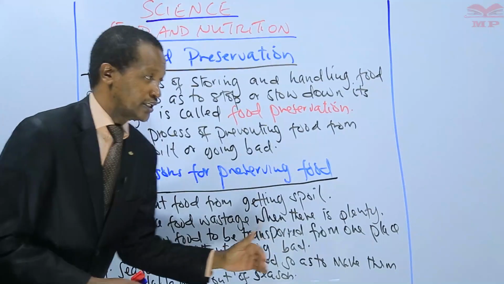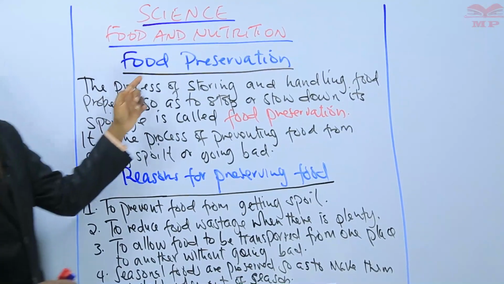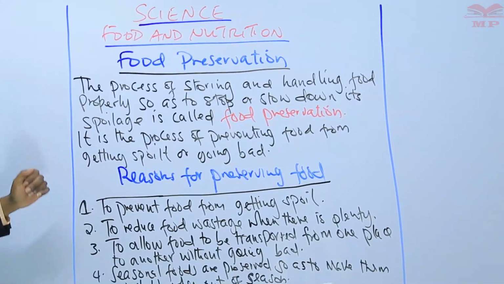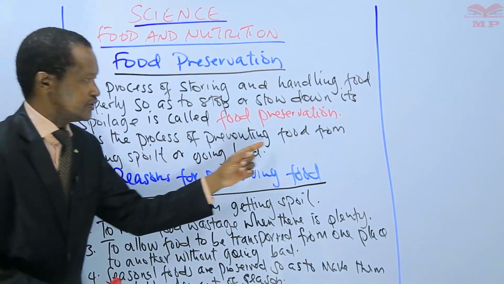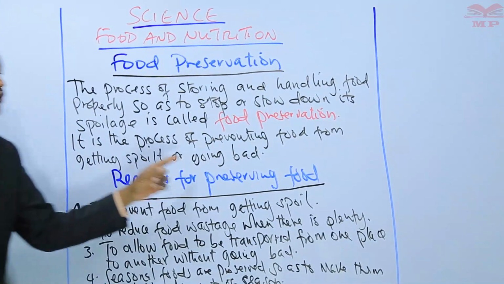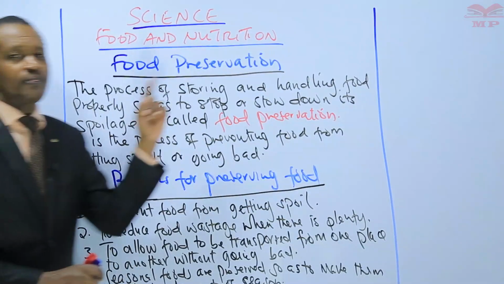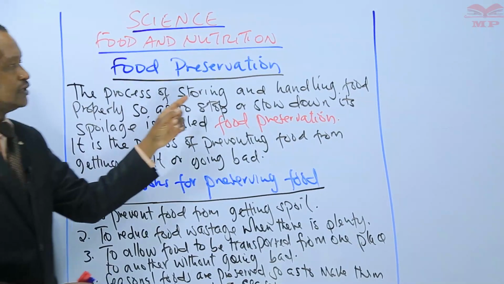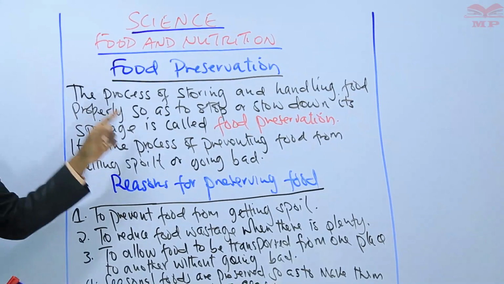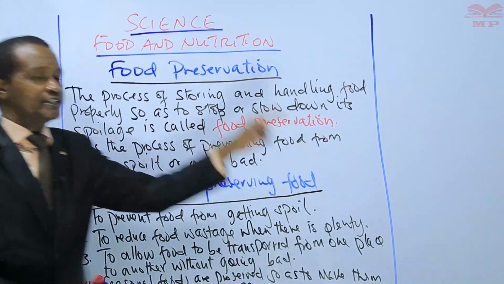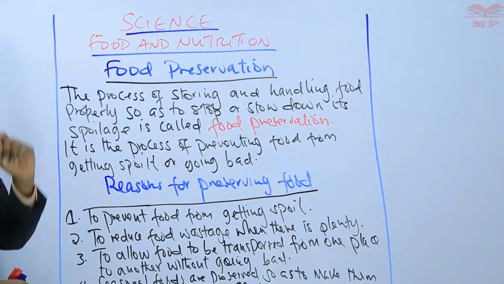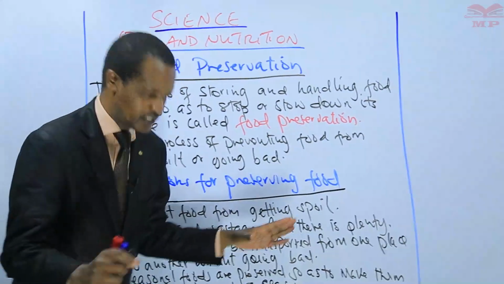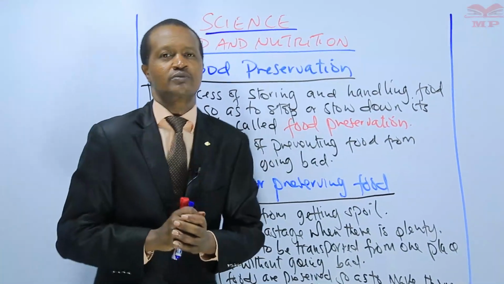Then in this lesson again, learners, we defined food preservation. We said food preservation is a process of preventing food from getting spoiled or going bad. We also defined it as the process of storing and handling food so as to stop or slow down its spoilage. And that will mark the end of our today's lesson.